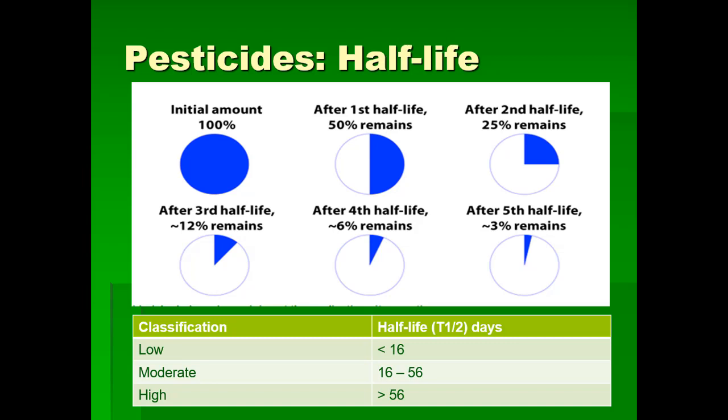In general, it is considered low if it is less than 15 days, moderate if it is between 16 and 56 days, and high if it is more than 60 days. Obviously, if the half-life is long, the pesticide is more likely to build up after repeated applications, and that may increase the risk of contaminating nearby water sources, plants, animals, and you name it.